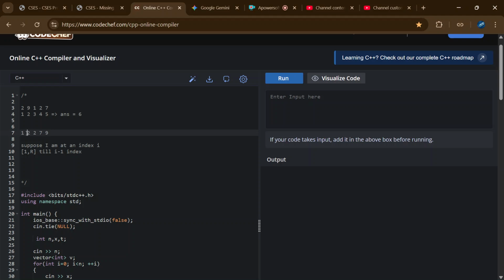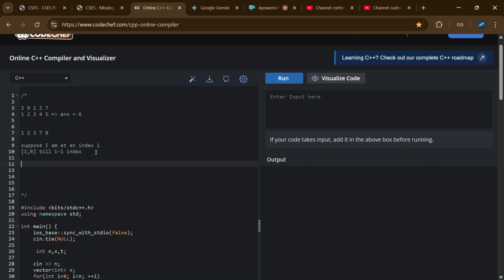Suppose I am here at this index, with 1 2 2 7 9. Here for i minus 1, r would be 1, the range 1 to 1 only.